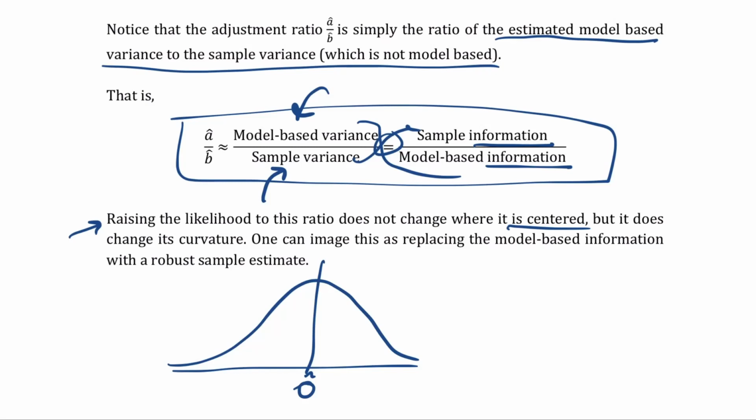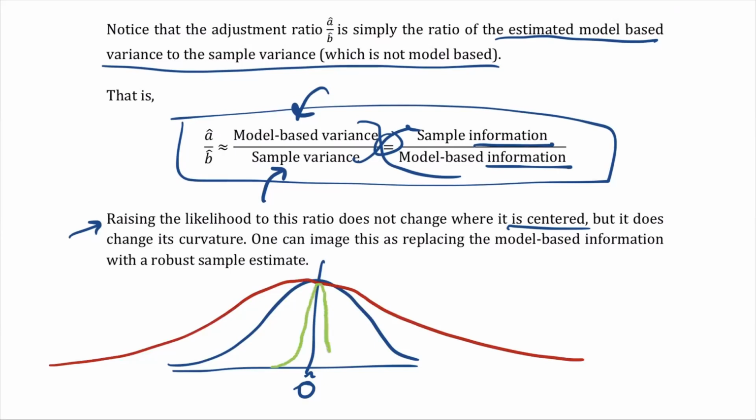Then you raise this thing to a factor less than 1, and you're going to get this. If you raise it to a factor greater than 1, that means you're underestimating the variance, and you'll get a likelihood function like this. And so it's the A to B ratio that will determine these various things. It's actually nice and clean.